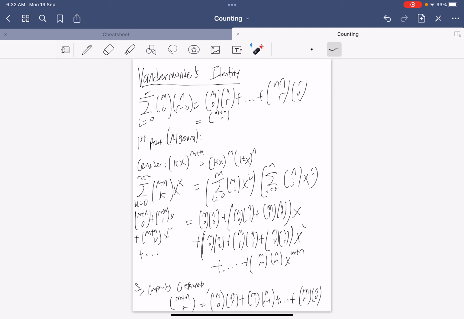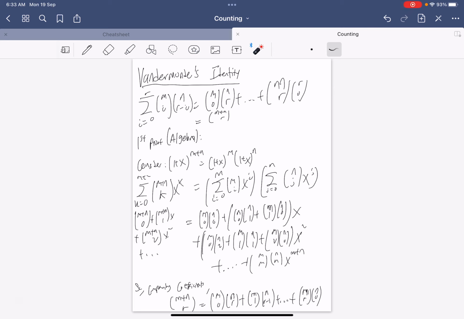On the right hand side, we can think of it as breaking into m terms and n terms. So we expand out the m terms, and this is the expansion for the n terms. Then when we do the product, the Cauchy product, this will be the final expression.